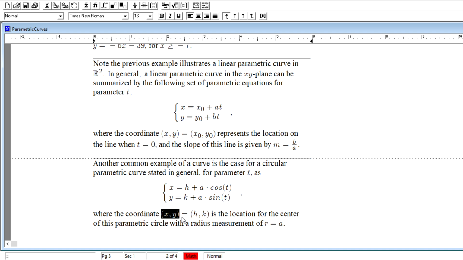The coordinate x, y equal to h, k would be the location of the center of this parametric circle, with the radius r equal to this value of a, seen as the multiplier times the cosine of t and the sine of t, respectively.